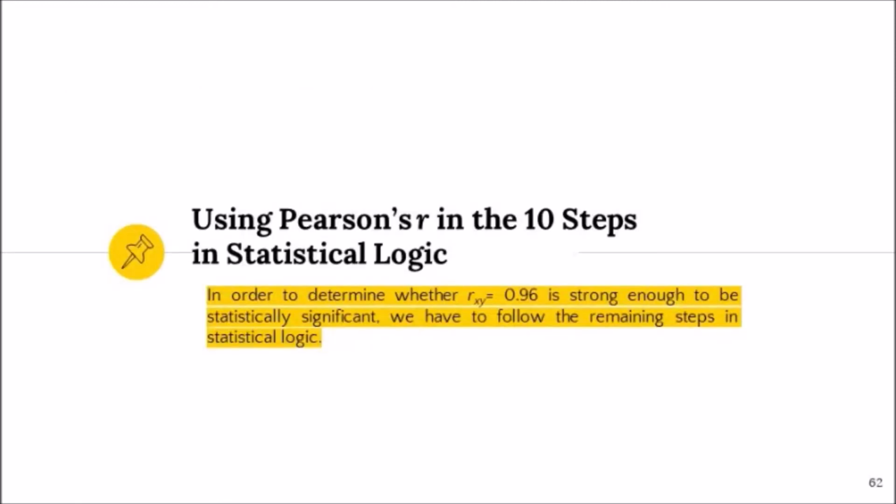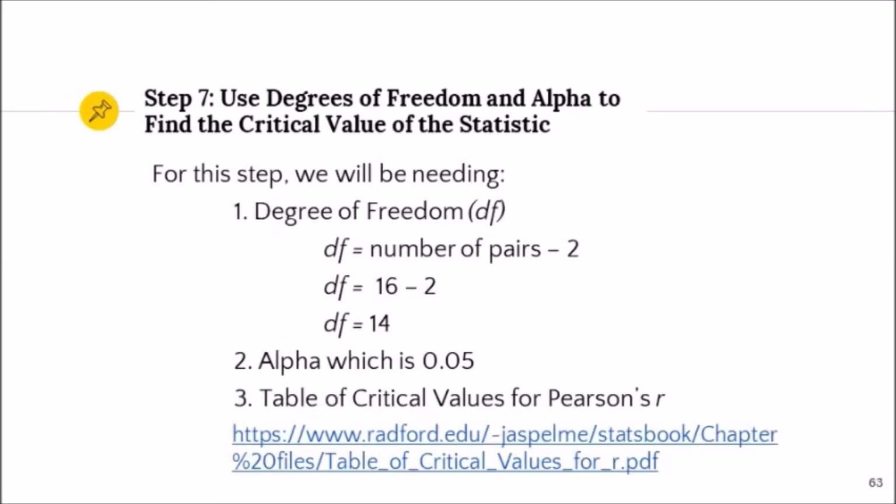We now need to determine whether 0.96 is strong enough to be statistically significant. Therefore, we have to follow the remaining steps in statistical logic. Step 7 is finding the critical value of the statistic using the degrees of freedom and alpha.